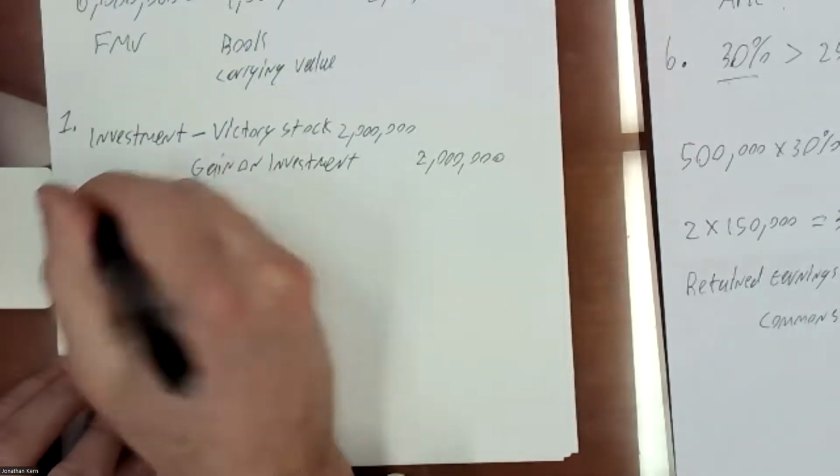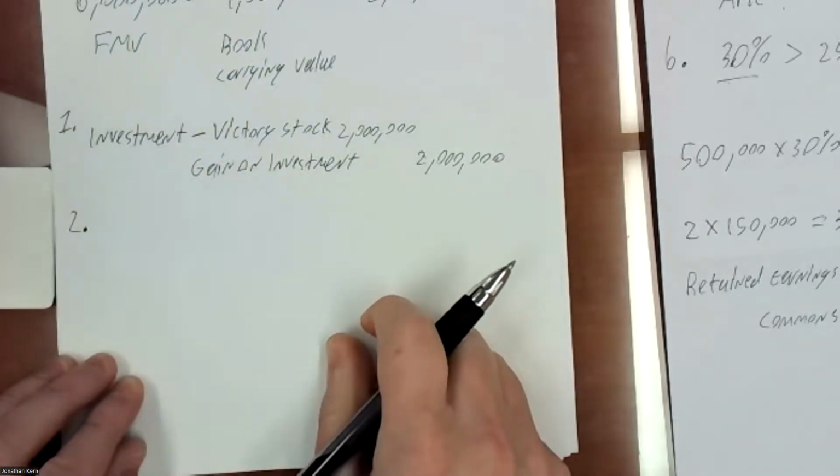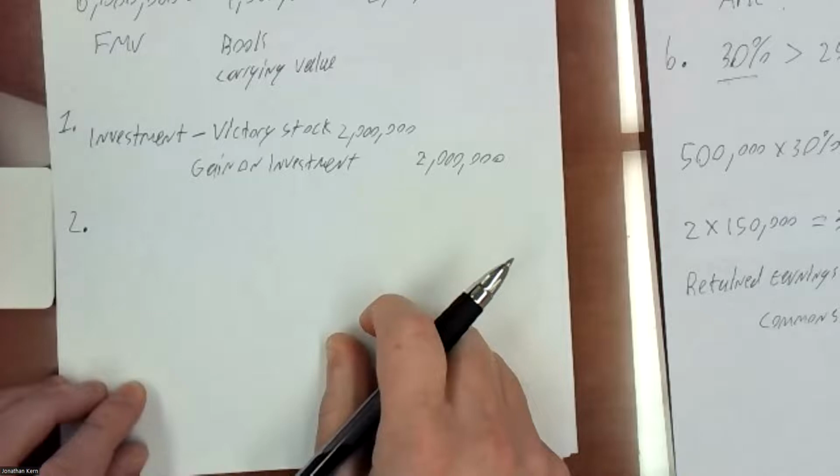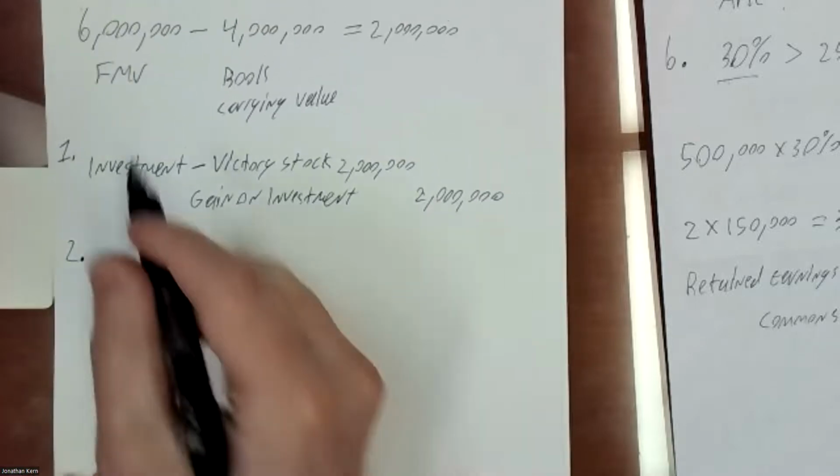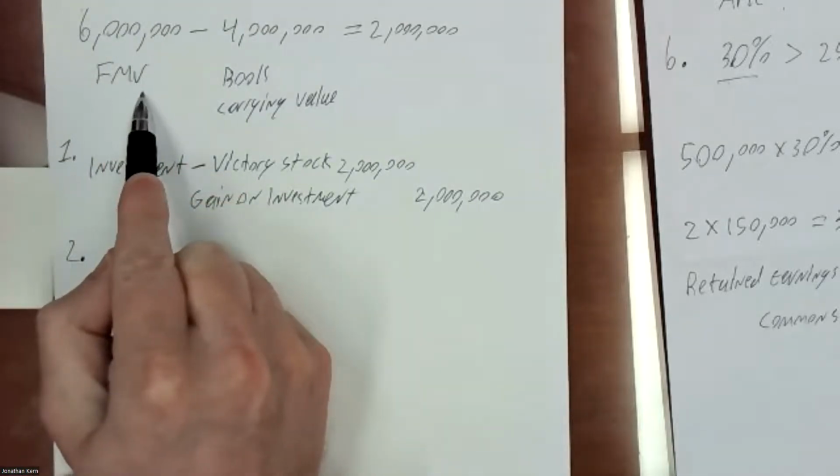Step two is we have to record the dividend. In this case, the dividend is for the $6 million fair market value.